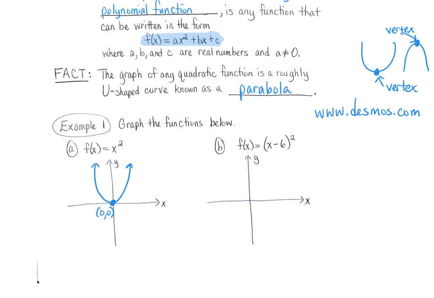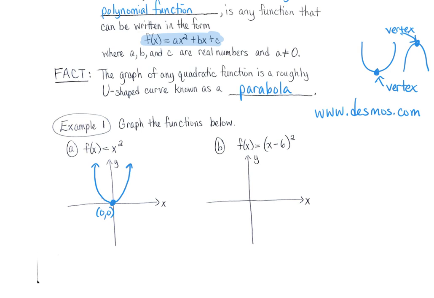So what I want you to do is go to desmos.com. You can use your phones or whatever device you have right now. I want you to graph B, and in graphing B, describe what happened to the graph of A in part B. If you had x squared, did it move up, down, to the right, to the left?